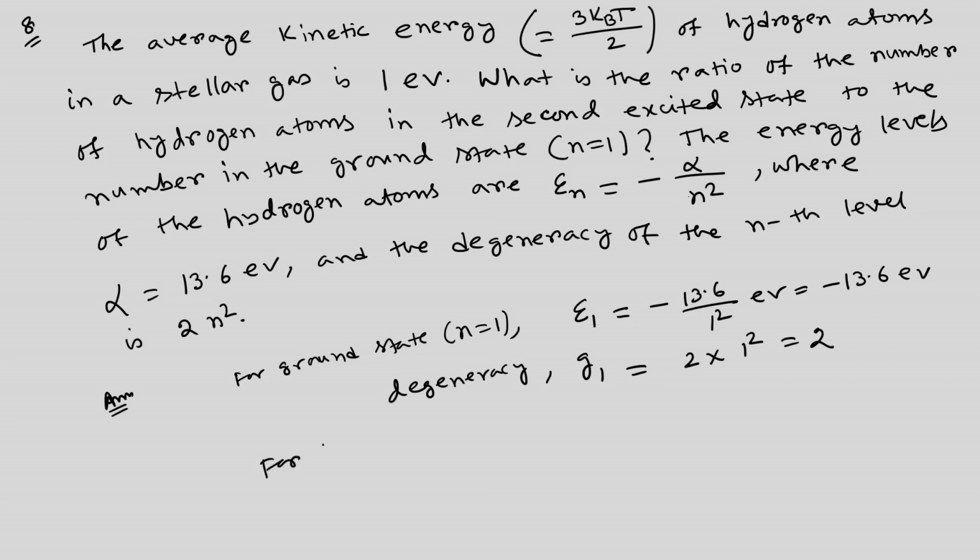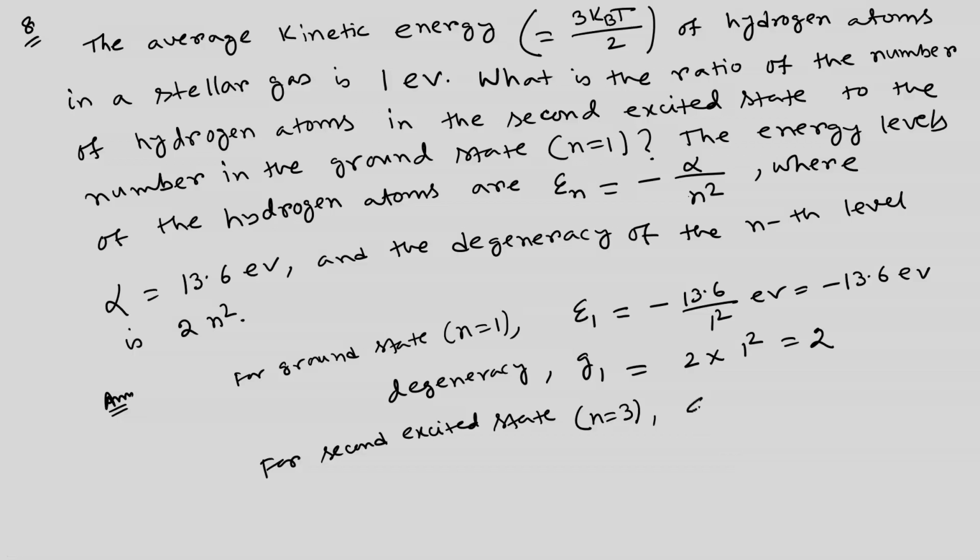Now, for the second excited state, n is 3, not 2, remember that, because we have the ground state, then the first excited state, then the second excited state, and for the ground state we are saying n equals 1.